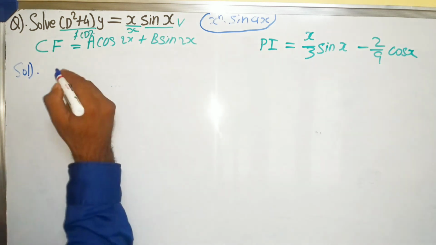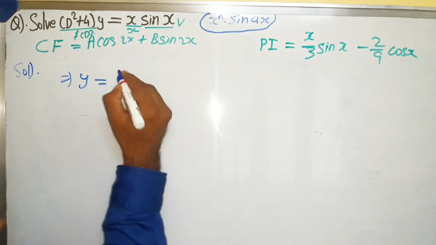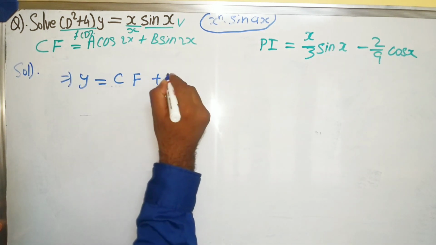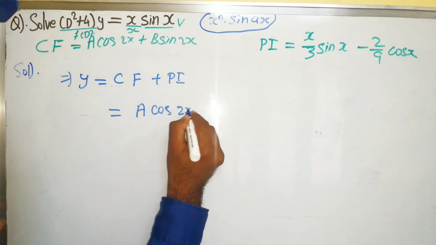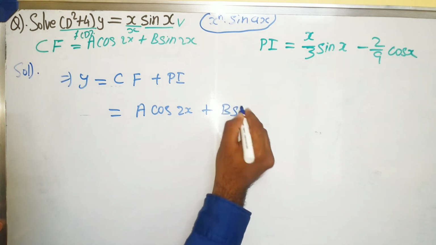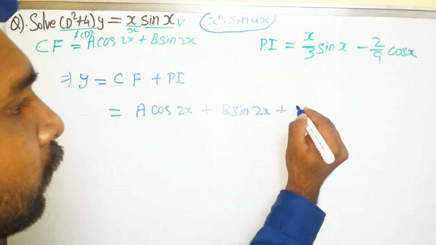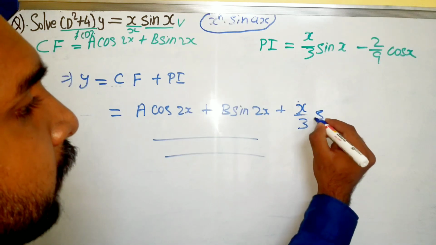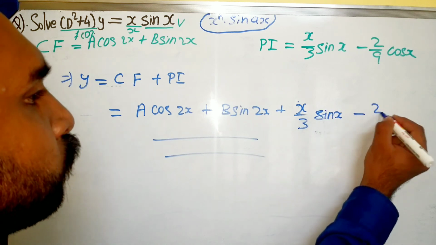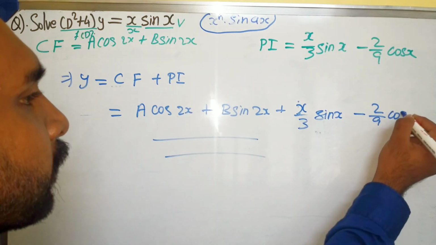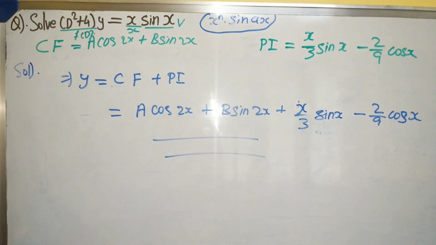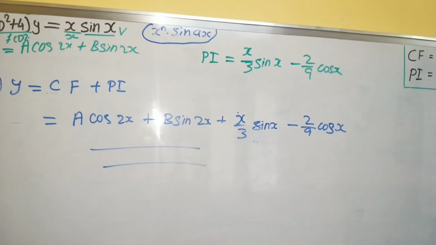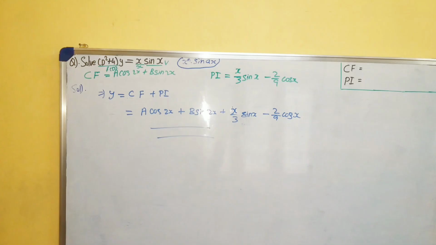So the complete solution y equal to CF plus PI, that is a cos 2x plus b sin 2x plus x by 3 sin x minus 2 by 9 cos x. So this is the complete solution for this problem, that is y equal to a cos 2x plus b sin 2x plus x by 3 sin x minus 2 by 9 cos x.